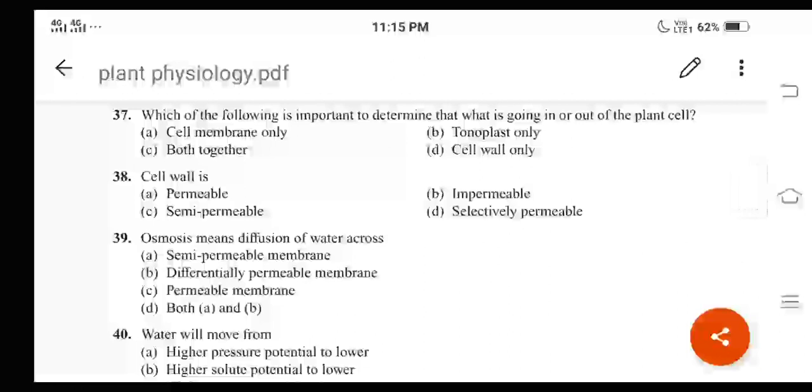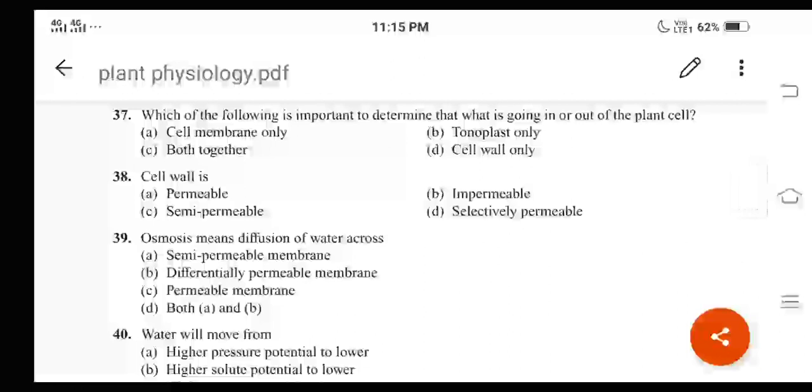According to the question, option C is the correct answer. The cell membrane and the membrane of the vacuole, that is tonoplast, can determine the movement of substances in or out of the plant cell.